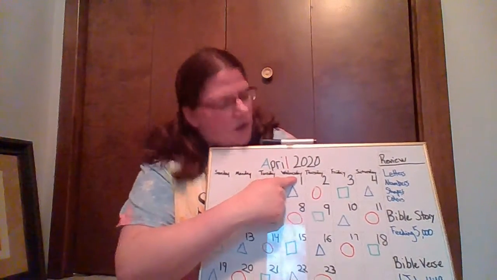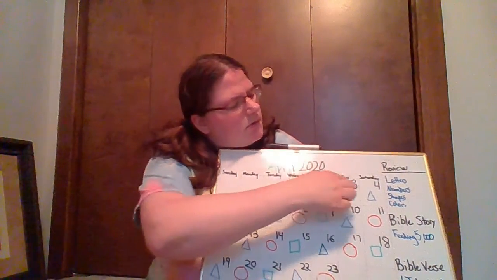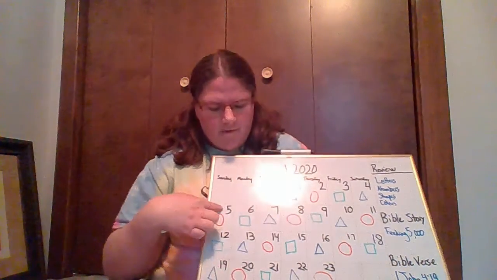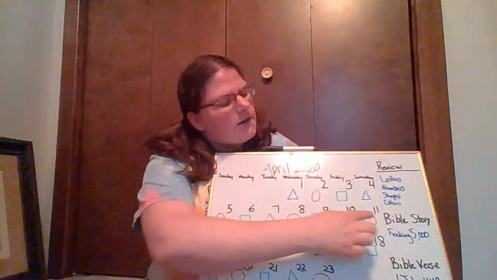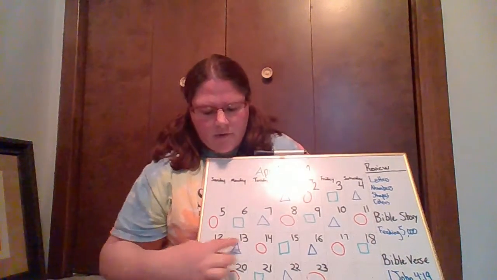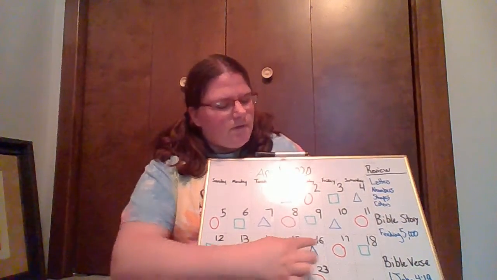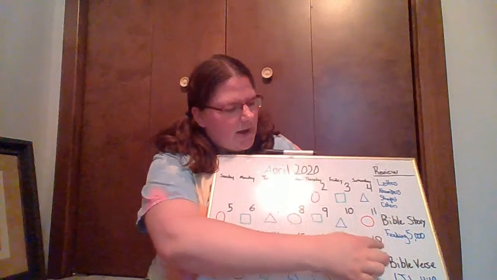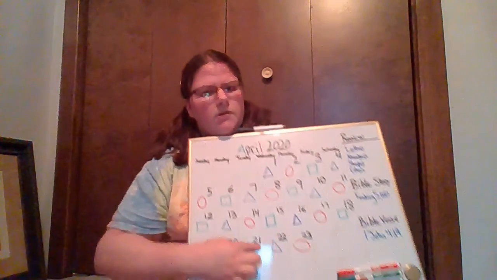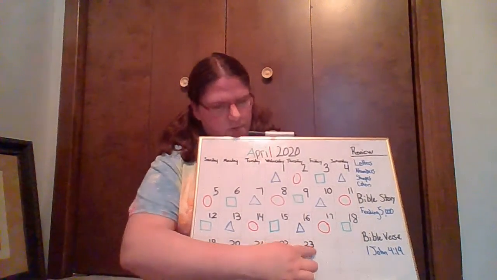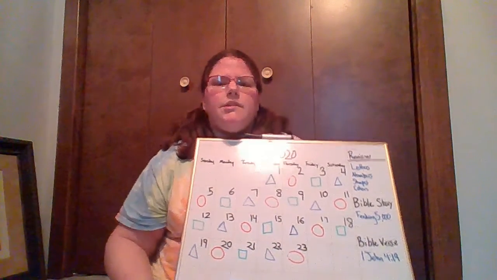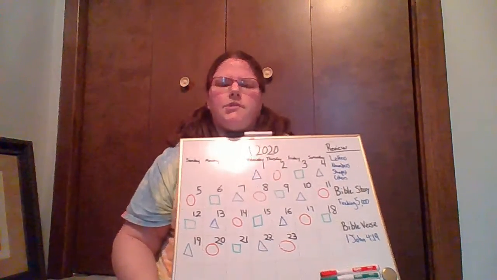Ready? 1, 2, 3, 4, 5, 6, 7, 8, 9, 10, 11, 12, 13, 14, 15, 16, 17, 18, 19, 20, 21, 22, 23. Now what number do you think might come after 23?